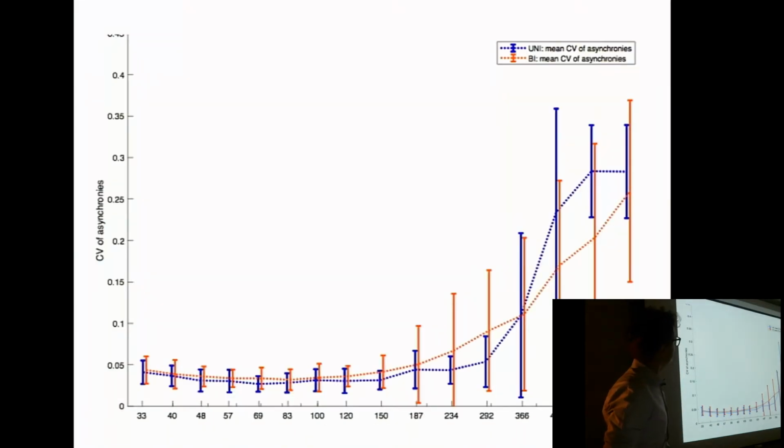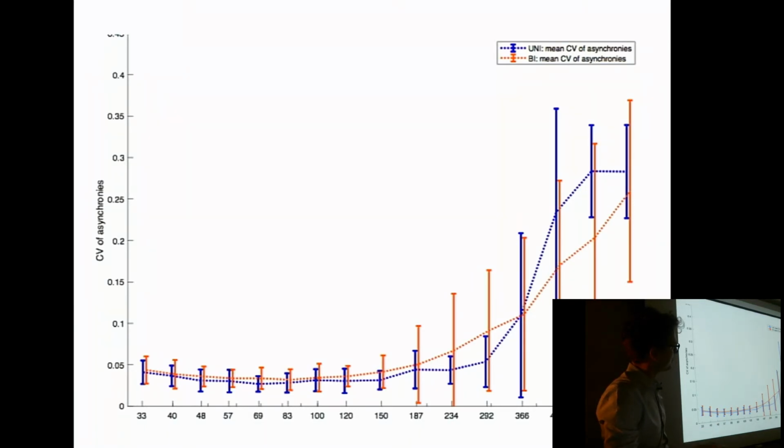So looking at the coefficient of variation of the two tapping modes, unimanual and bimanual, as you can clearly see, from around 150 BPM onwards, the tapping sequences become more unstable. There's more variability, and as the tempo increases, this becomes more evident.